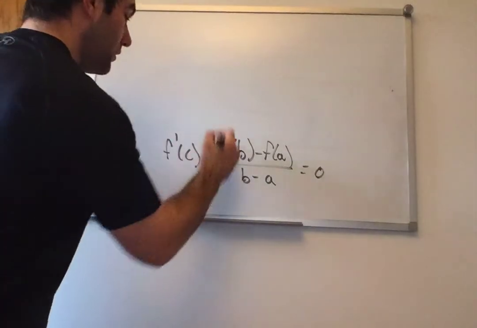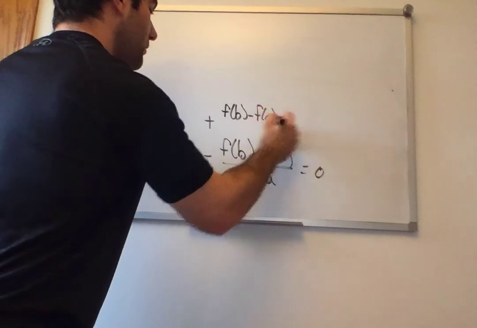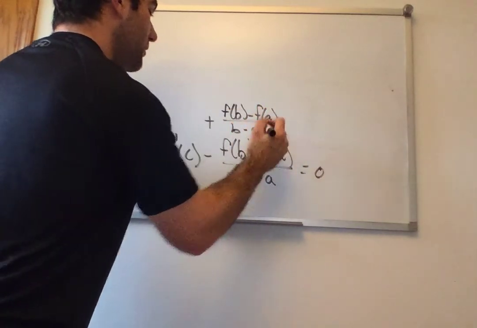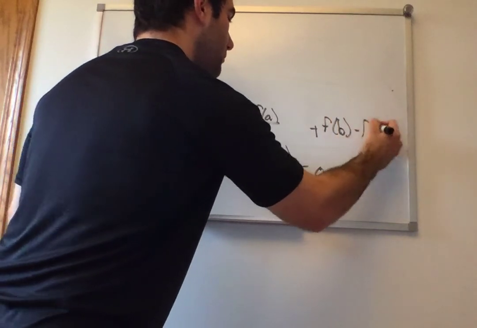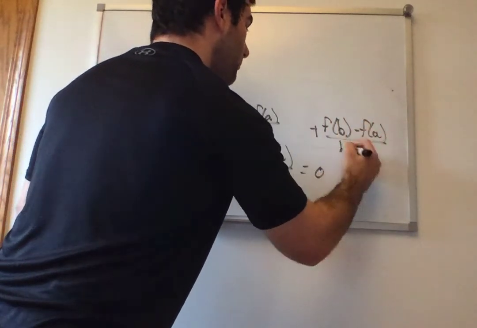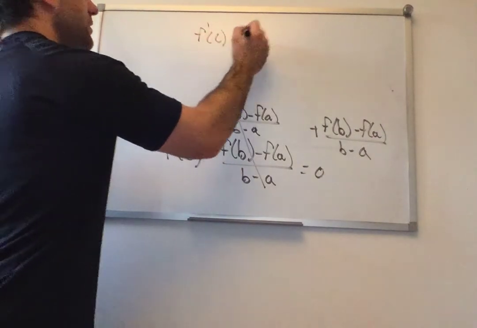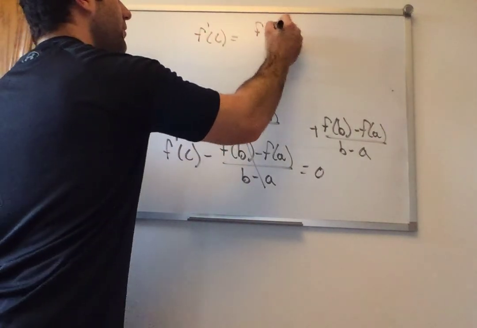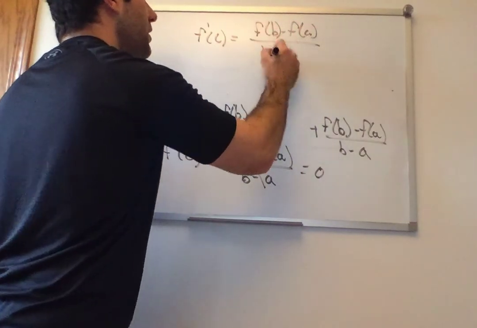So plus f of b minus f of a divided by b minus a. F prime of c is equal to f of b minus f of a divided by b minus a.